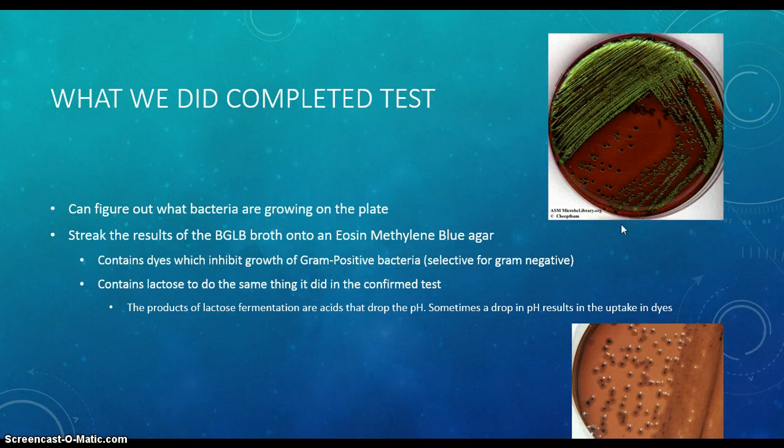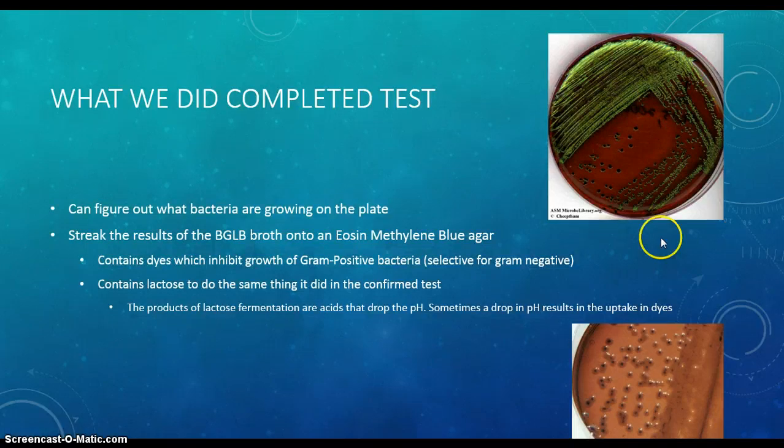And if you remember from the colony morphology video, the type of bacteria and the growth medium are important to what the colony morphology looks like. And this is a good example that the colony morphology is this green color, even though it's still E. coli, because of the type of growth medium we're using.